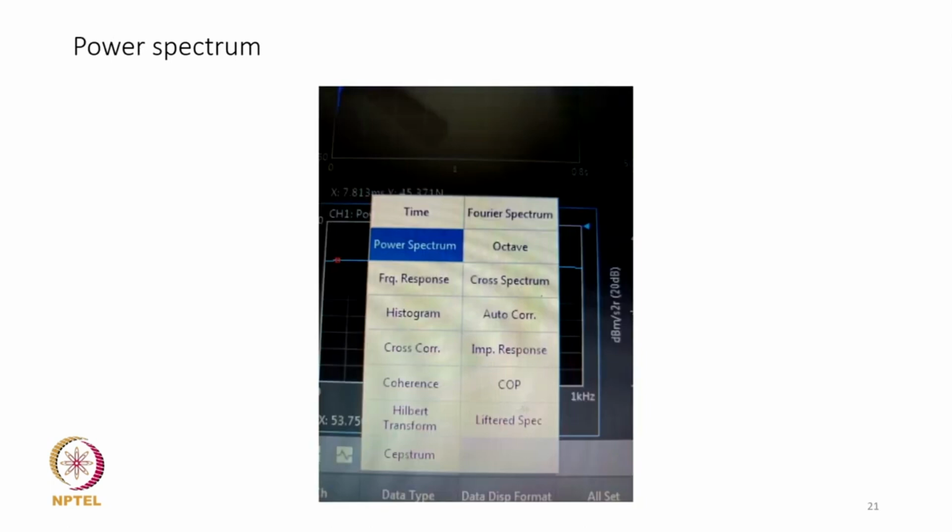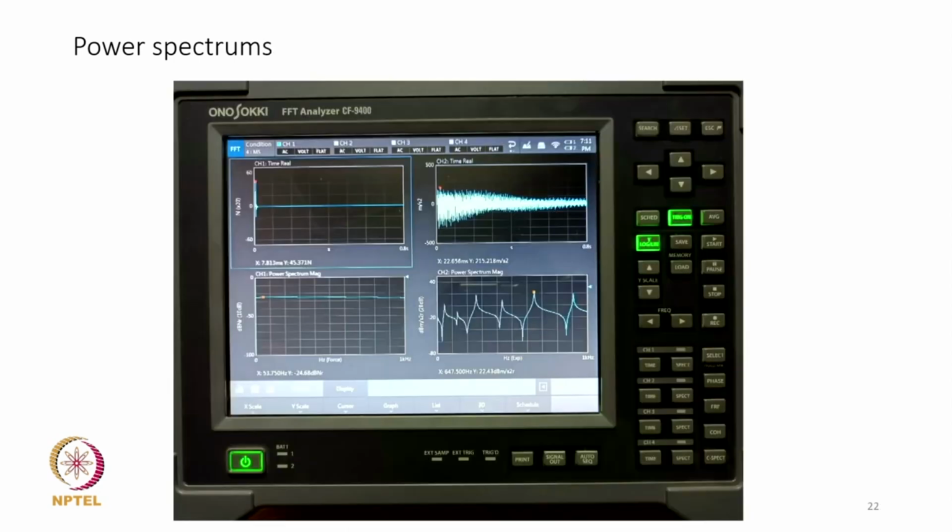So let us first of all try to see the auto spectrums of the 2 channels, right, and that is why we have taken, instead of the FRF, the power spectrum as the output of interest. So you can see here, now we have the force and the acceleration time histories at the top, and then in the bottom 2 figures we see the power spectrum of the force signal and the acceleration signal.